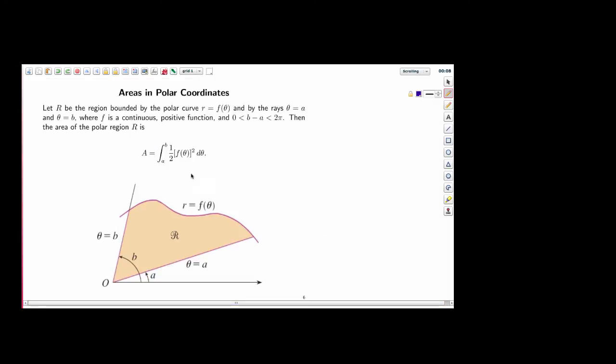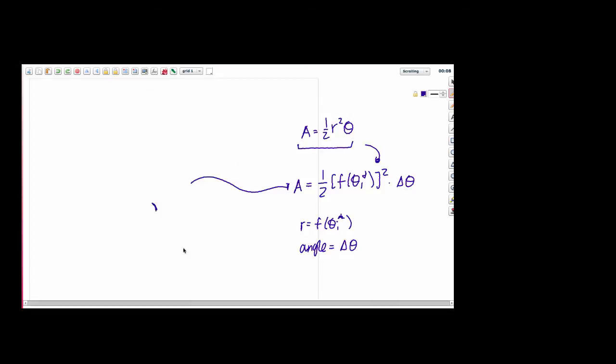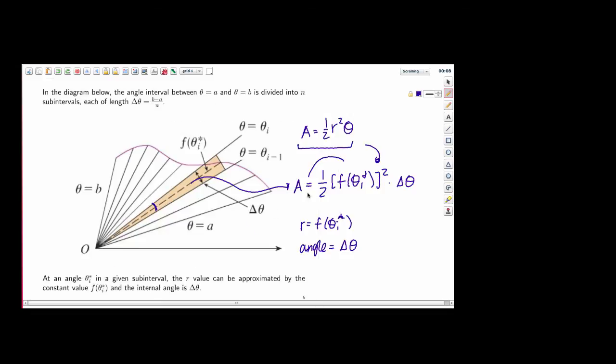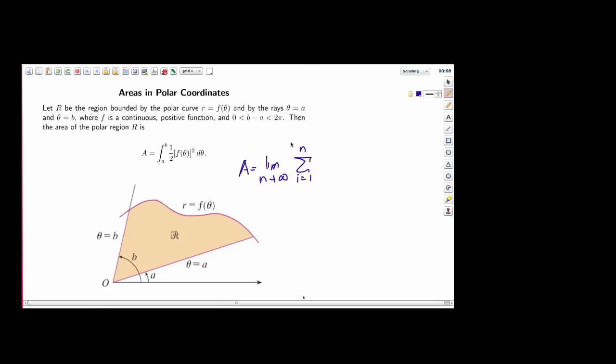And then again, just like before, we're going to form our Riemann sum. We want to add up the areas of the wedges, so we get the limit as n goes to infinity of the sum from i equals 1 to n. The area of each wedge is 1/2 f of theta sub i star squared delta theta.